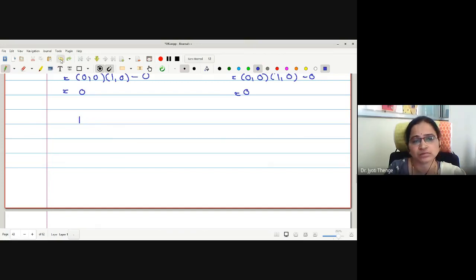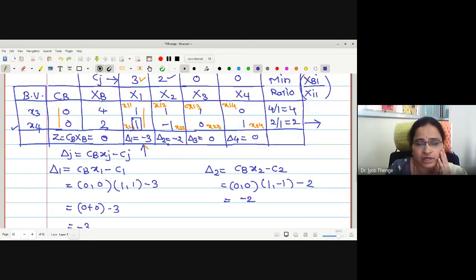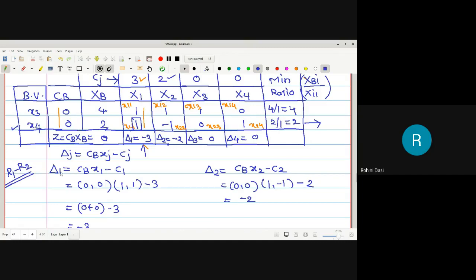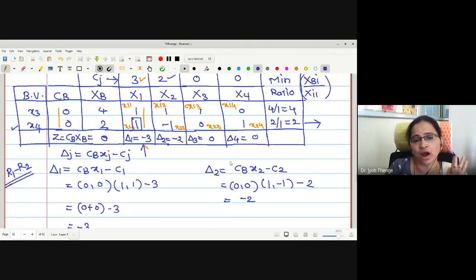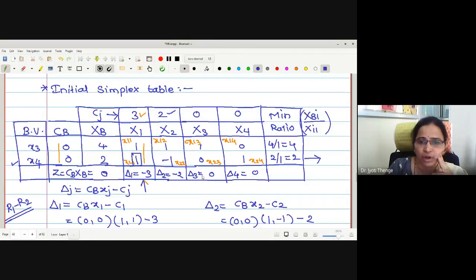The key element is coincidentally unity. Therefore, we have to convert the remaining element to 0. Which row operation should I use? R1 minus R2. Is it okay? Yes, ma'am. The second row will be kept undisturbed. Now we will prepare the next table with this row operation.